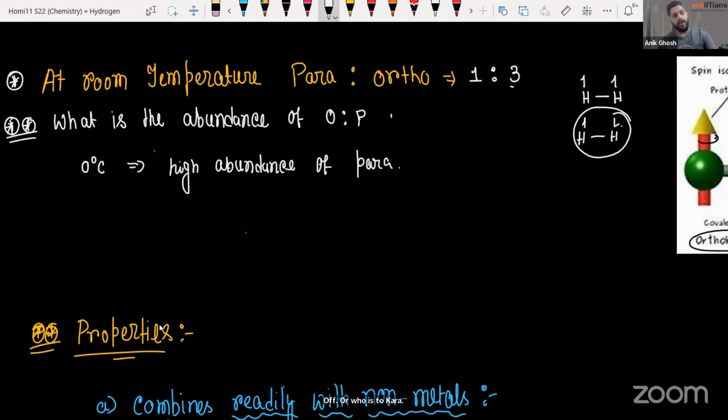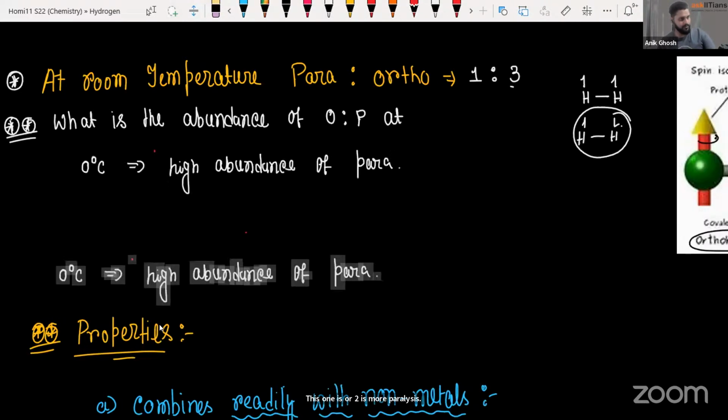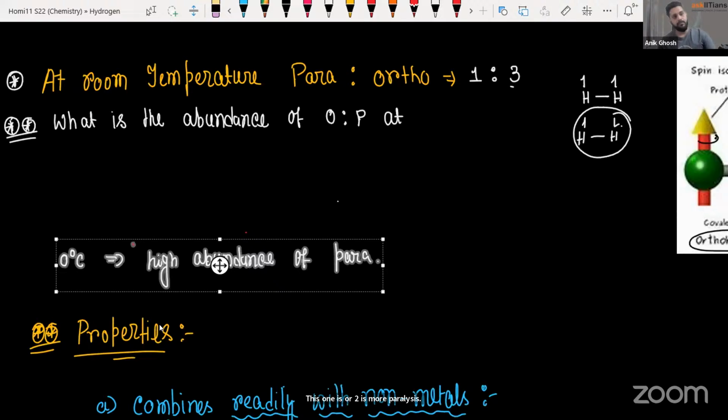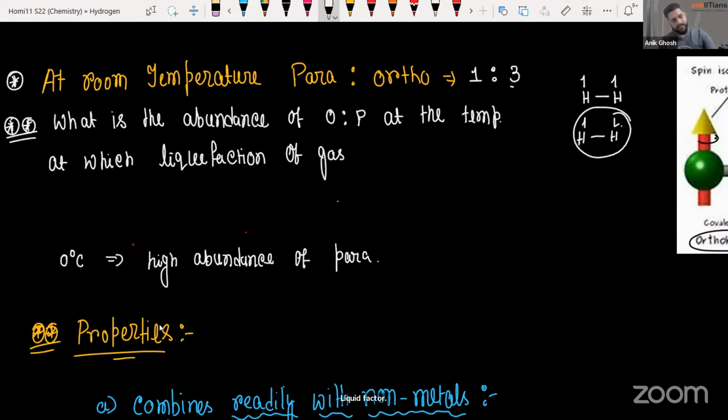Ortho to para at the temperature at which liquefaction of gases is done.